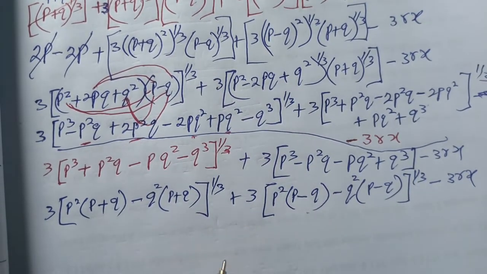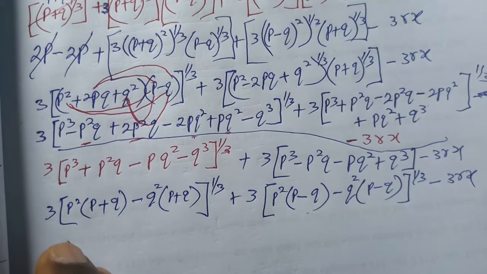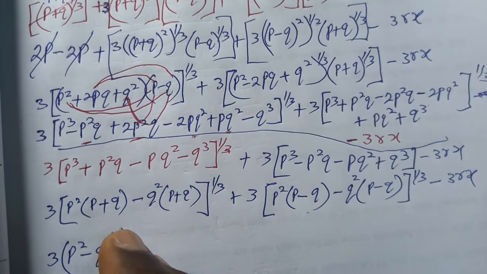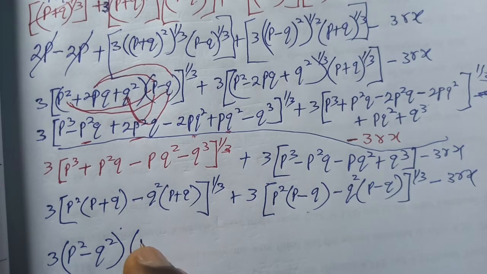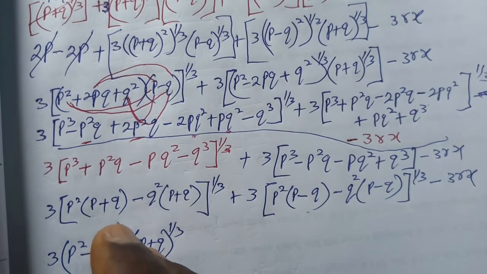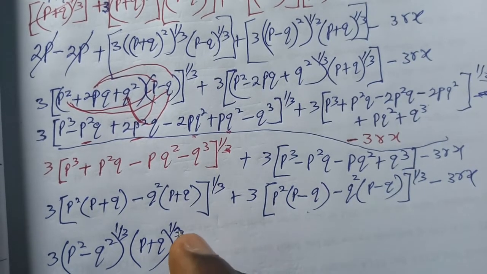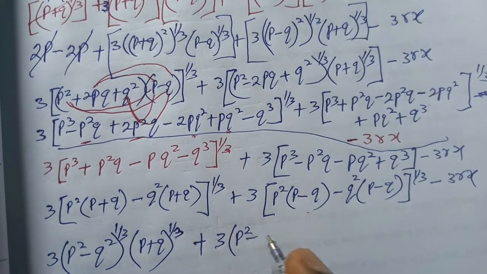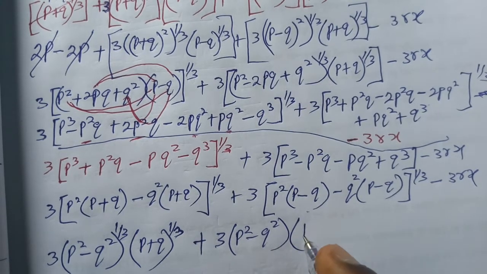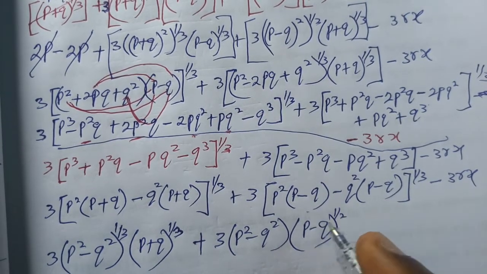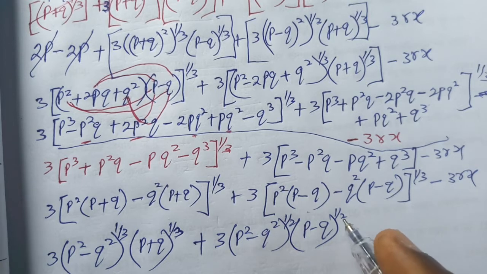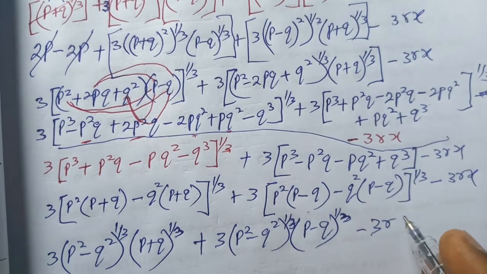So we get 3 into (p squared minus q squared), with the fraction put here according to that second or third law, so that this is cubed, minus 3rx.